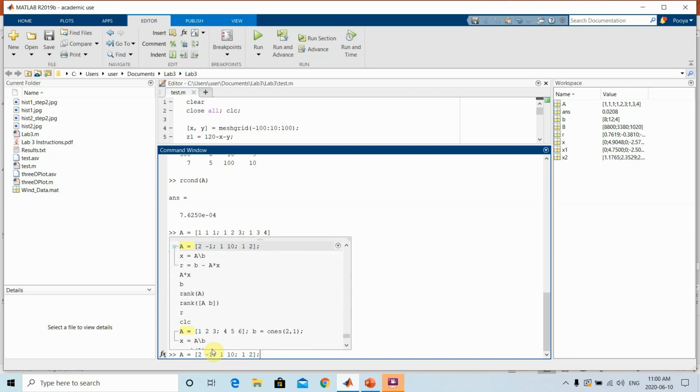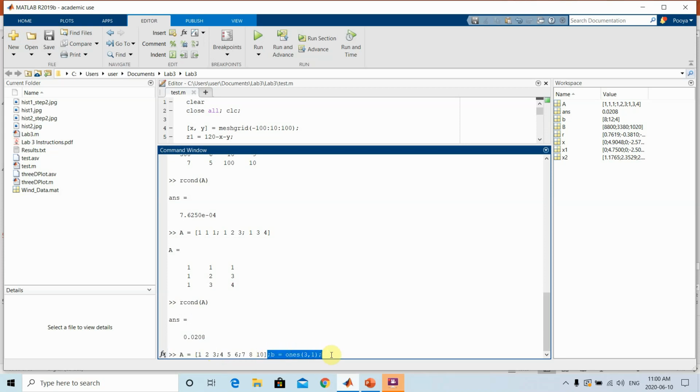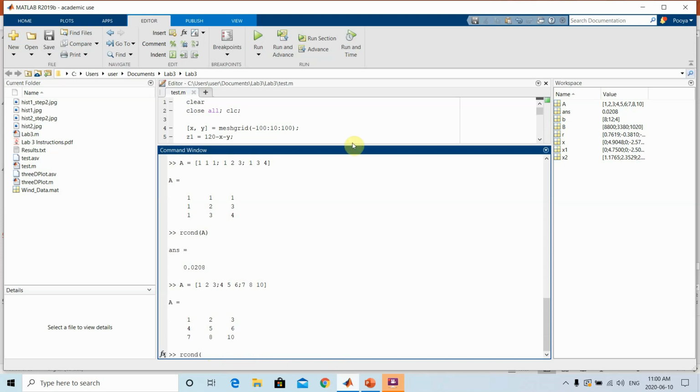So there is no cutoff point to say that if it's bigger than this, it's not ill-conditioned, and if it's smaller than this, it is ill-conditioned. If it's very small, almost 0, we know that this is very ill-conditioned. This one is not ill-conditioned.